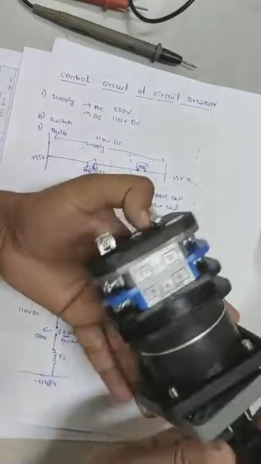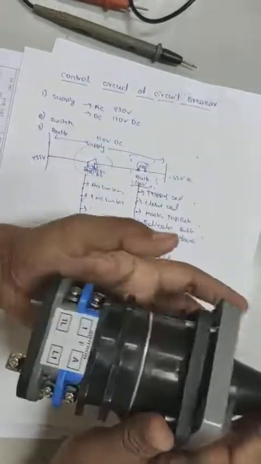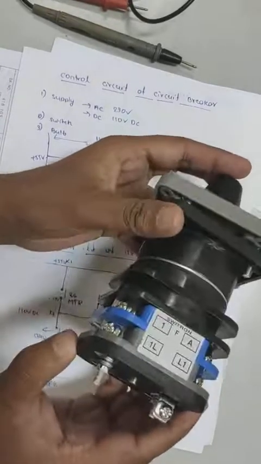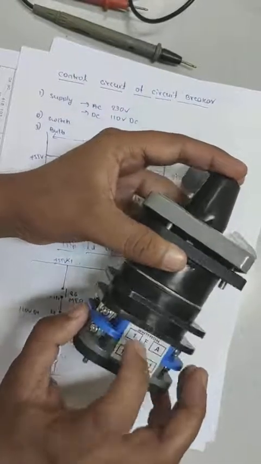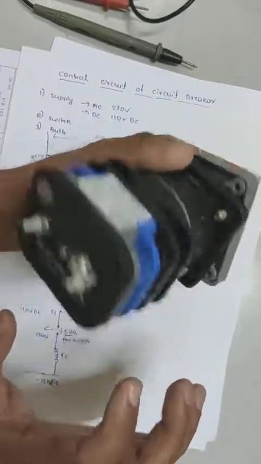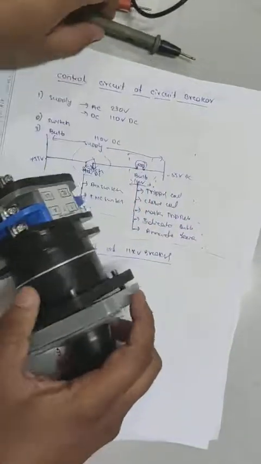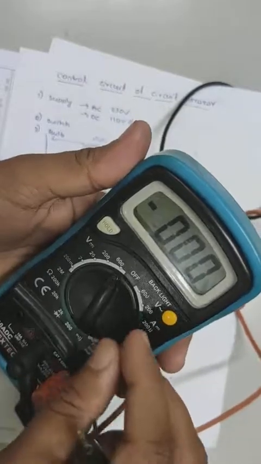Here, unlike the auxiliary switch, this TNC switch has contacts that are directly opposite. That means 1 and A are one contact and 2 and B are another contact. So let's see. Let me put the meter in continuity mode.